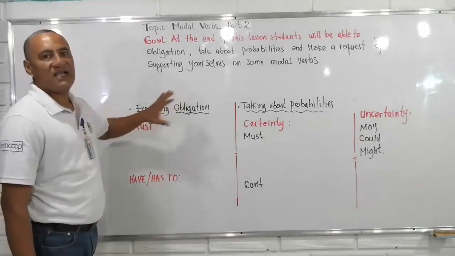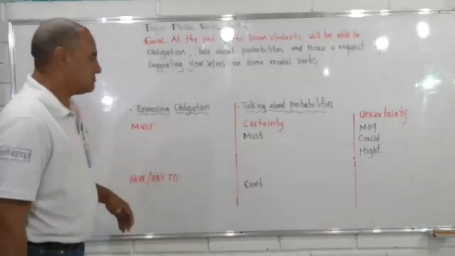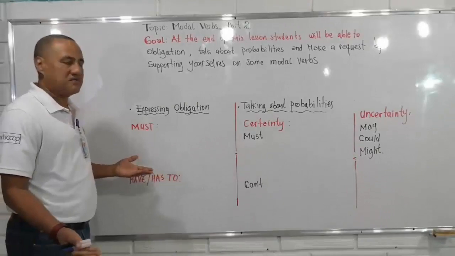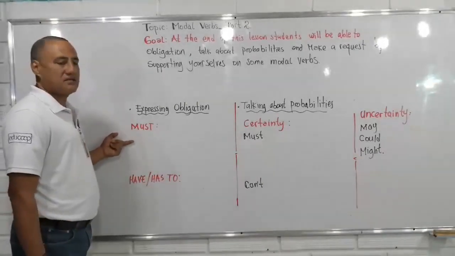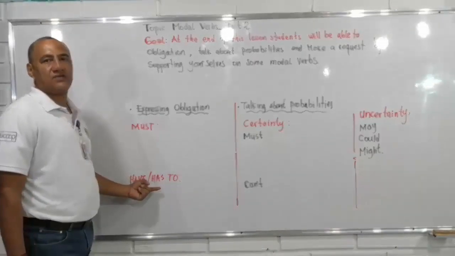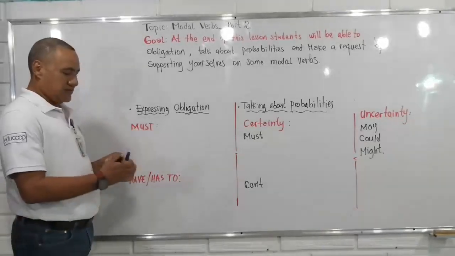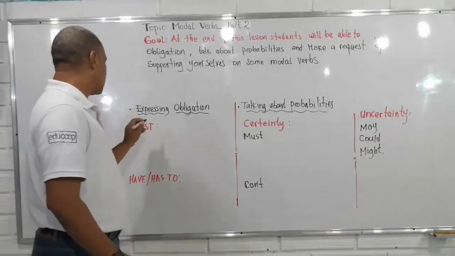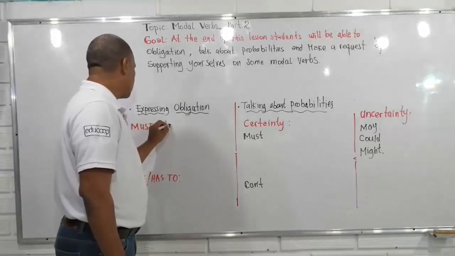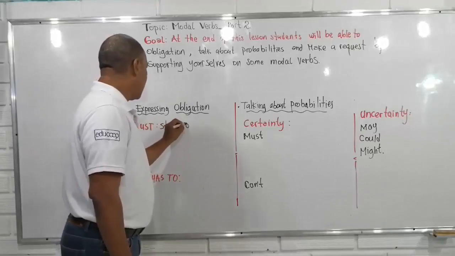Then, to express obligation, there are two ways, practically. Must, have to, or has to, right? Must. When we use must, it's because it's a very strong obligation.